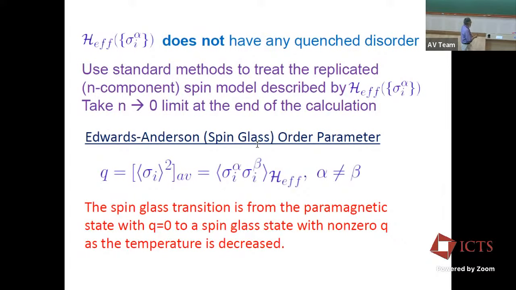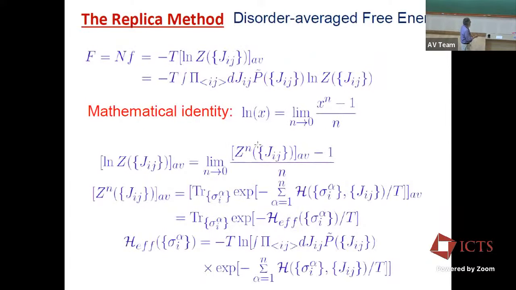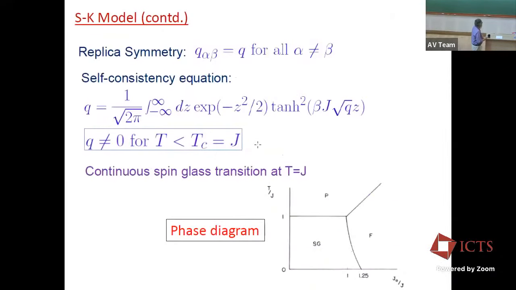So after having done all of that, you calculate sigma I alpha, sigma I beta average, and that will be this Q. Just like when you do this calculation for the infinite range ferromagnetic model, you introduce, through this Gaussian transformation, a parameter, sort of like this exponential of minus x squared over 2, and x couples to the sum over I of sigma I. At that point, this x is just a parameter.